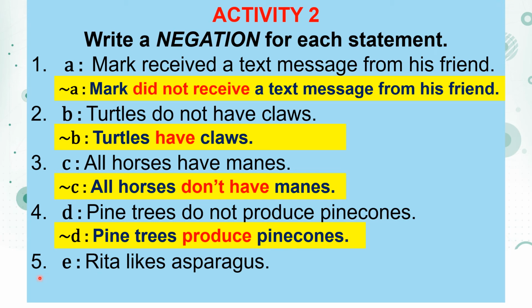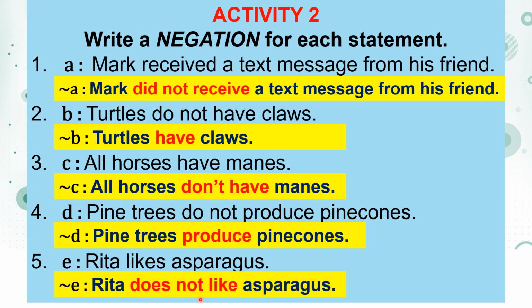And the last, number 5, E is the proposition. Rita likes asparagus. The word likes, the opposite of this is does not like. So the negation of E is Rita does not like asparagus.